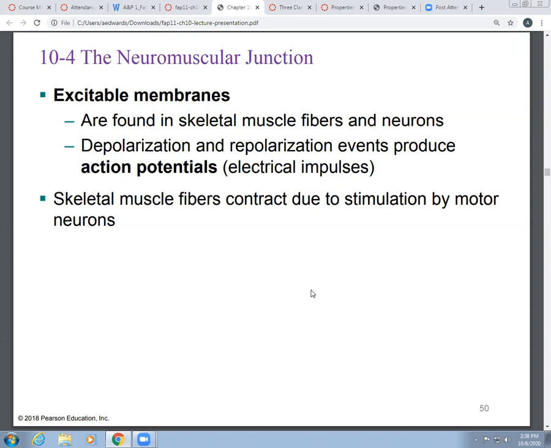Okay. And that produces action potentials. Okay. And we'll get into depolarization and repolarization later in the course. But they're basically phases of action potential. And action potentials are just electrical impulses.